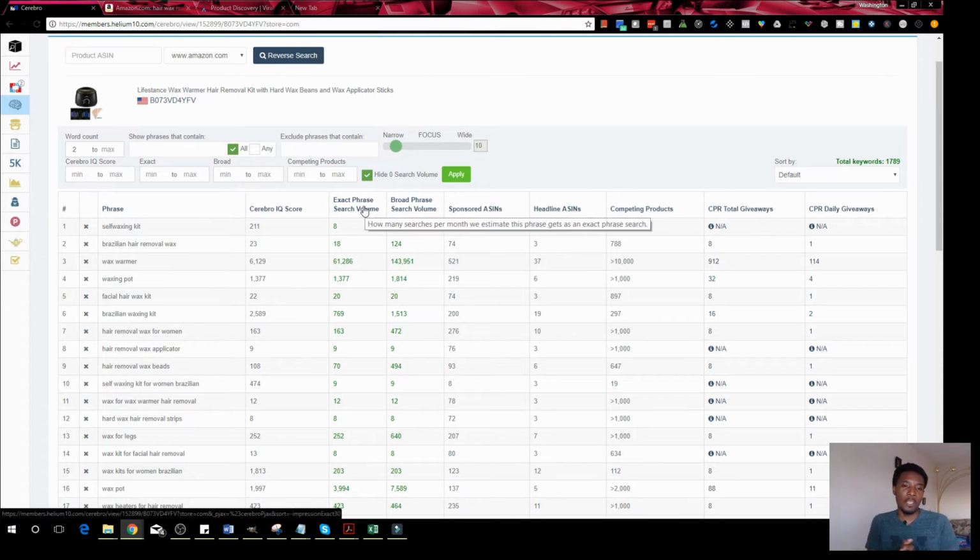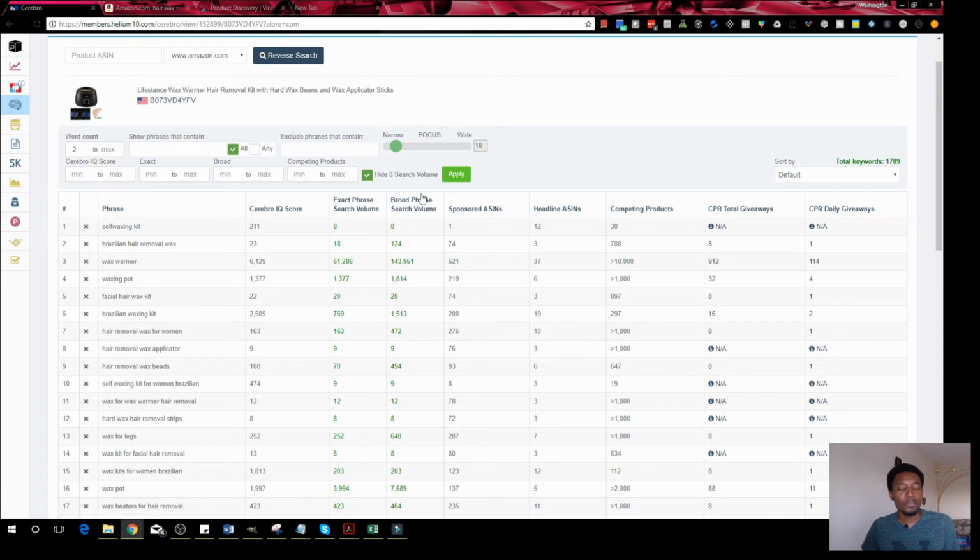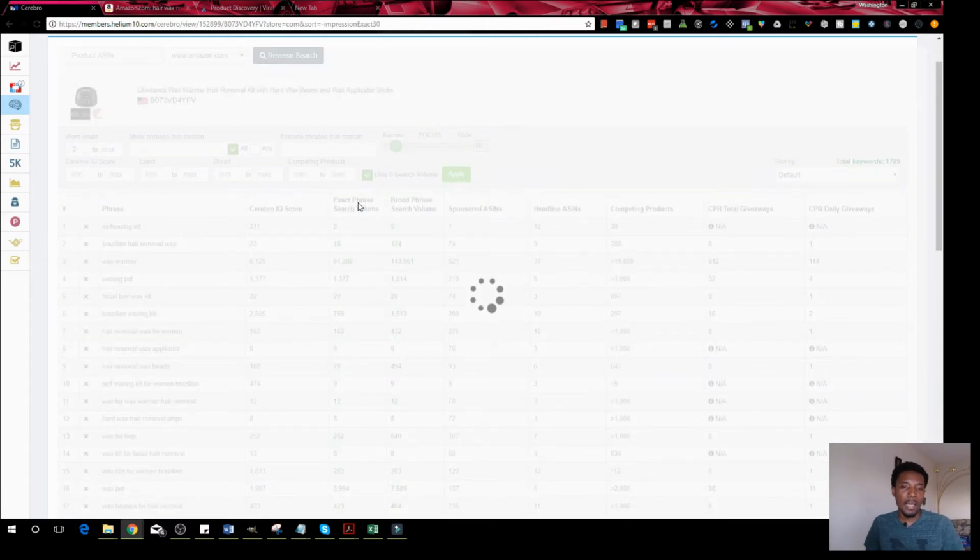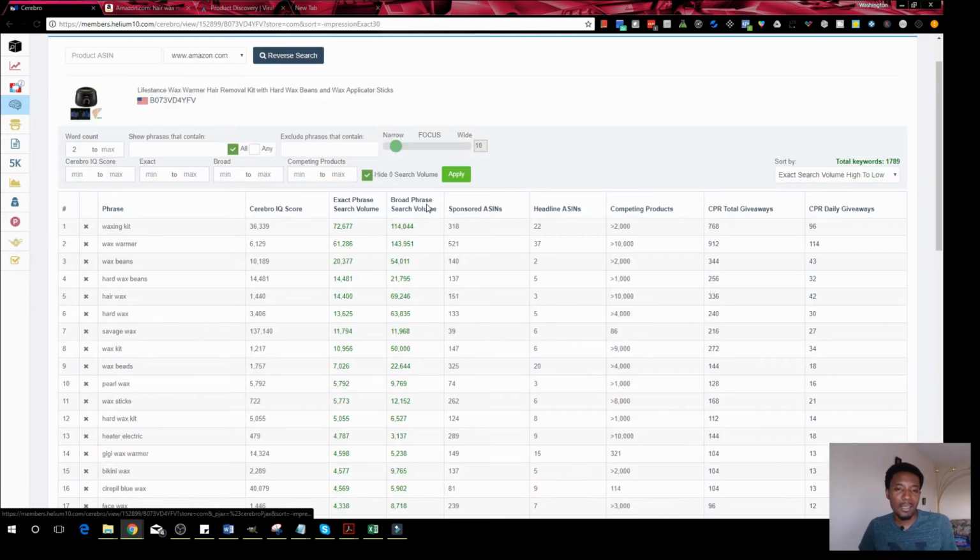because this will give me the most targeted keywords that have the most search volume. So once I do that, I don't do broad because I think exact provides a lot more value than broad.